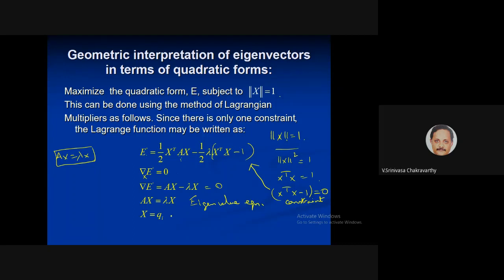Here x equal to qi, and the corresponding eigenvalue is lambda i. So basically, the eigenvalues and eigenvectors are the directions, or the points, that you obtain when you optimize this function under the constraint norm x is equal to 1.